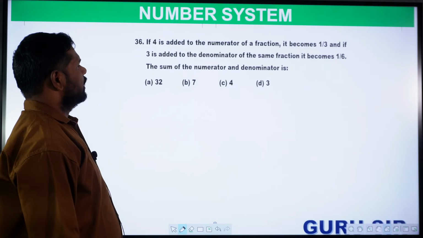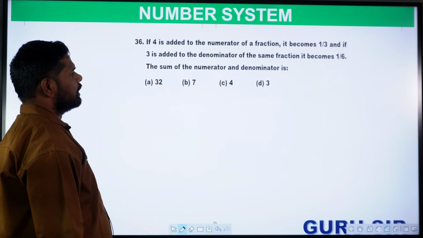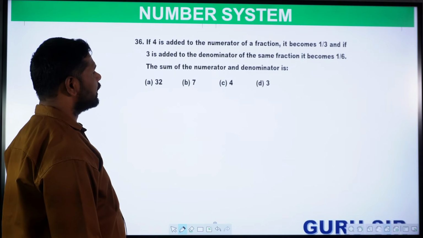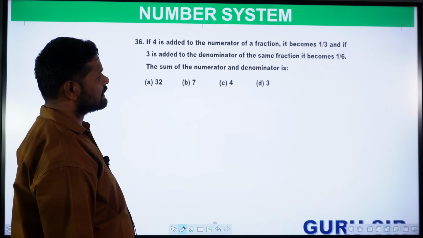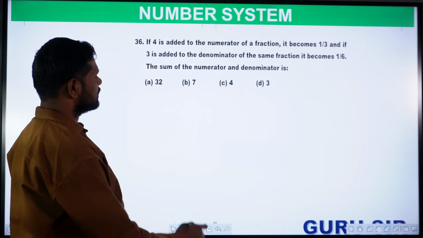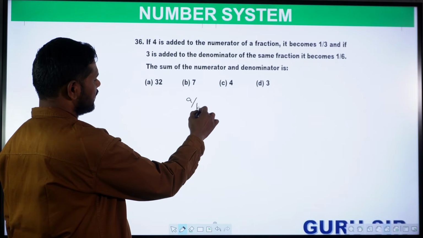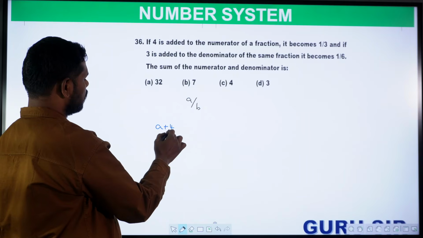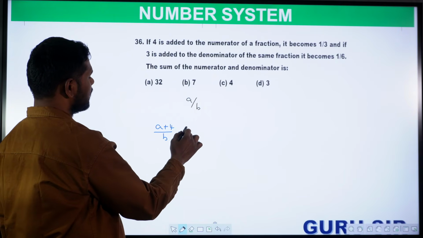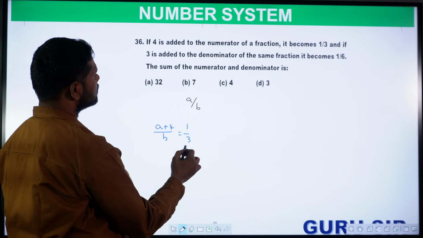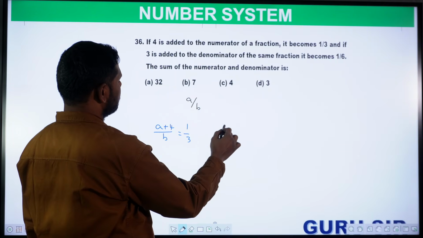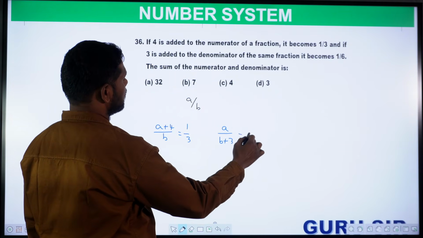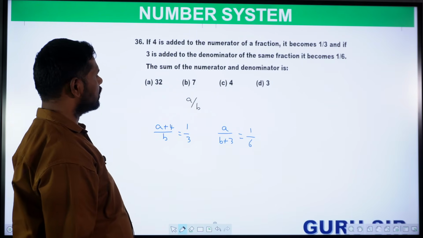36. If 4 is added to the numerator, it becomes 1 by 3. And if 3 is added to the denominator of the same fraction, it becomes 1 by 6. Suppose the fraction is A by B. If 4 is added to the numerator, it is (A plus 4) by B, and it becomes 1 by 3. In the other case, if 3 is added to the denominator, it is A by (B plus 3), and it becomes 1 by 6. These are the two different cases.